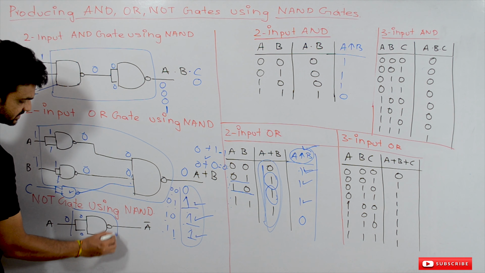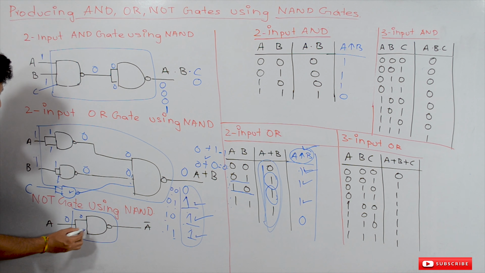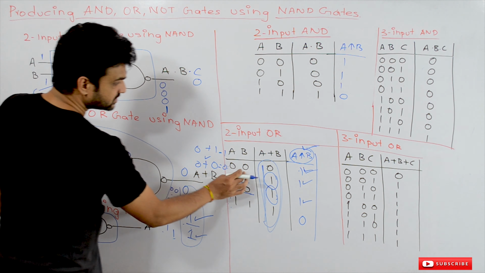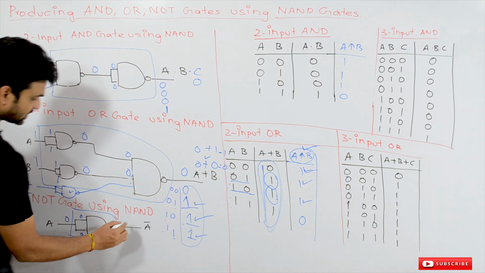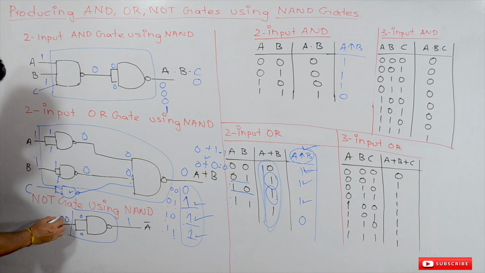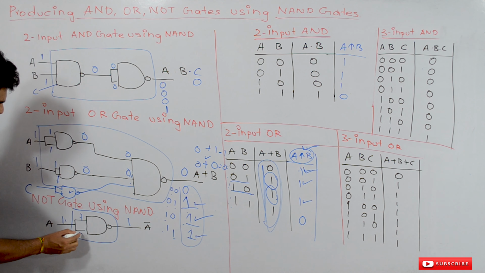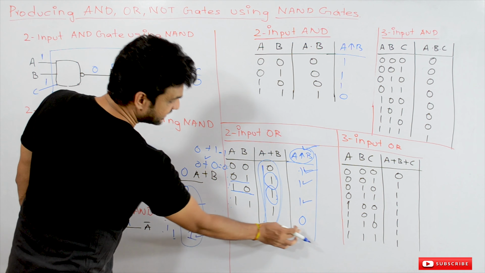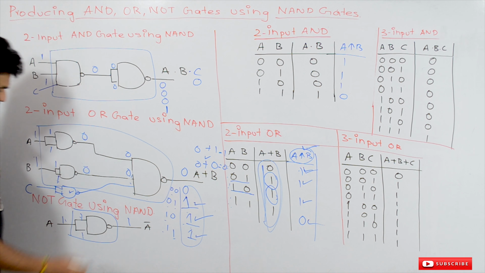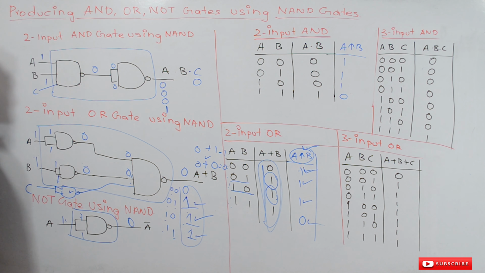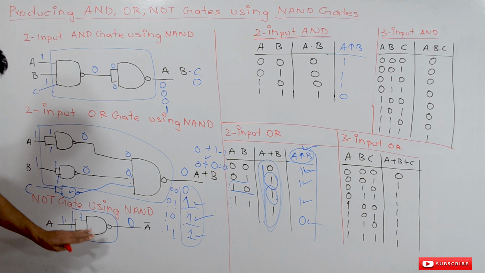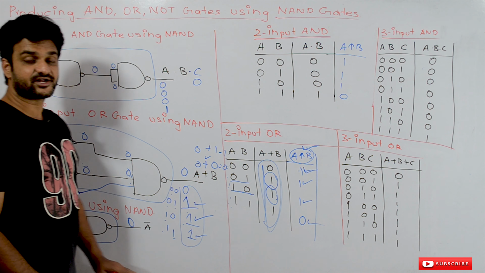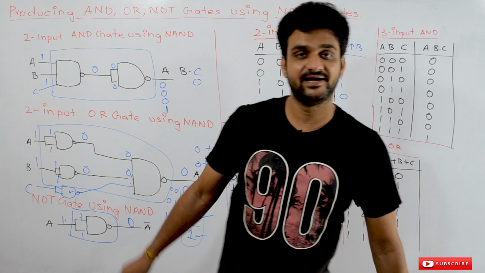For 0 0, the NAND gate is going to produce a 1. Similarly, if the input is 1, the inputs here will be 1 1, and for 1 1 the NAND gate is going to generate a 0. So this is a NOT gate generated by using NAND gates.